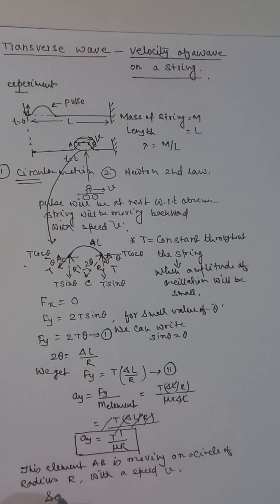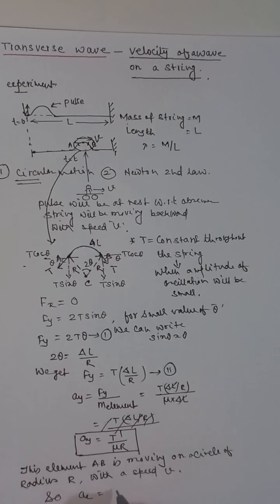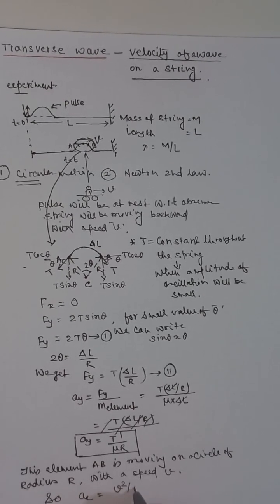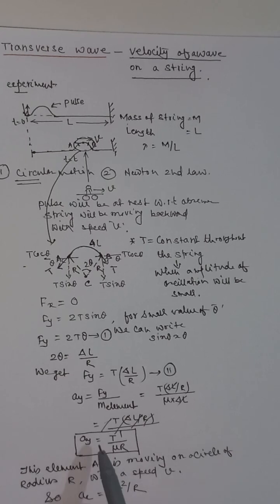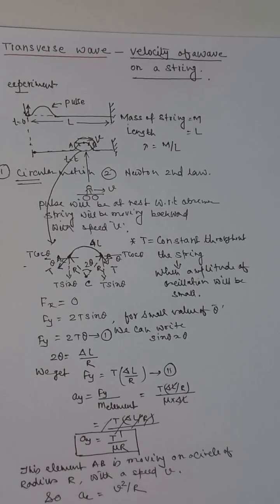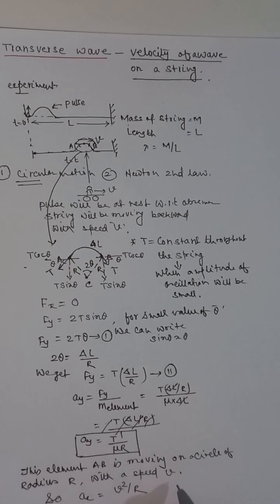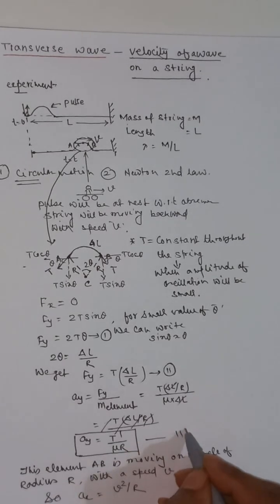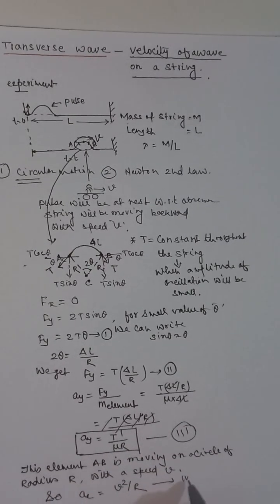So the centripetal acceleration will be v square by r. So Ay will be equal to Ac. Say this is equation 3 and this will be equation 4.